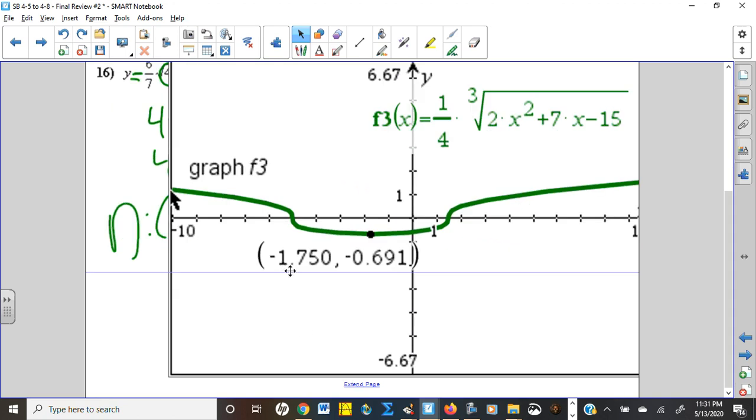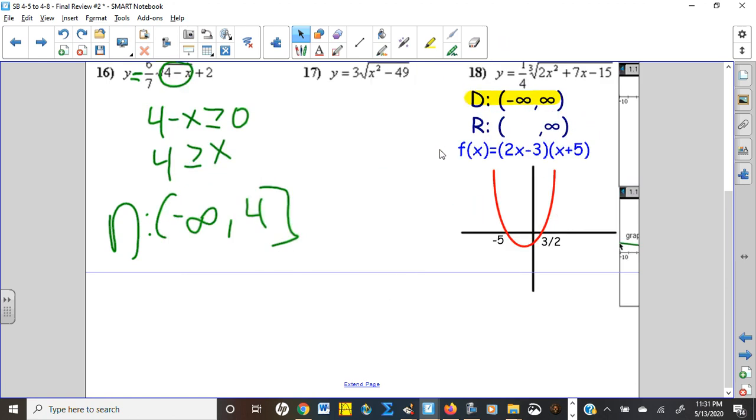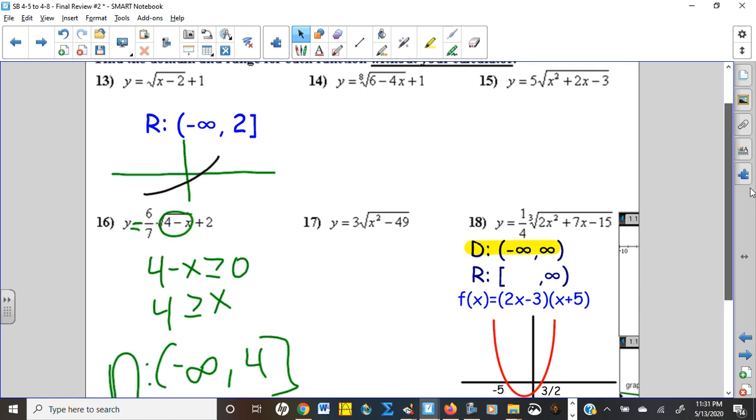At negative 1.75, there's our very lowest value we ever do hit. And we do hit it. You know, we get a negative 6.91 at that value. That's why the range on this one is negative 6.91 to infinity. And by the way, we hit that value, so this would be a bracket. This is not a typical problem.